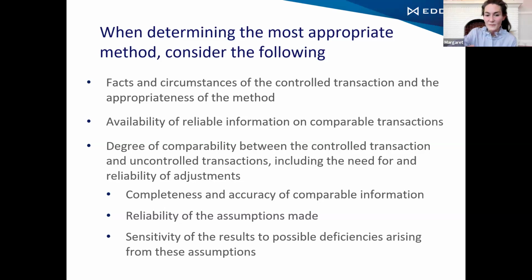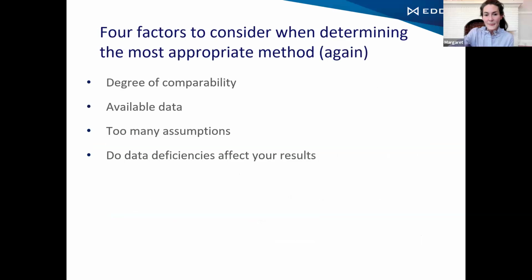So other than just the facts and circumstances, there are also some almost administrative kinds of things that you need to think about when you're picking your method. And this is the information on the prior slide. There was just a lot of text, so this is just the abbreviated version of the prior slide.